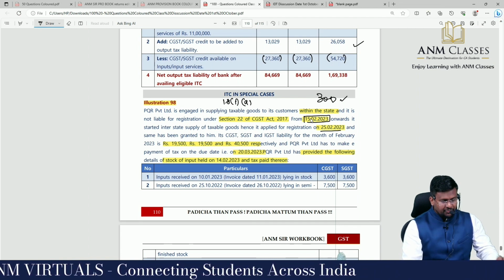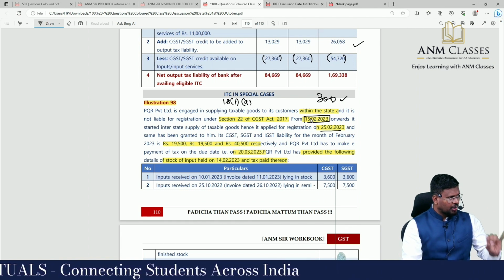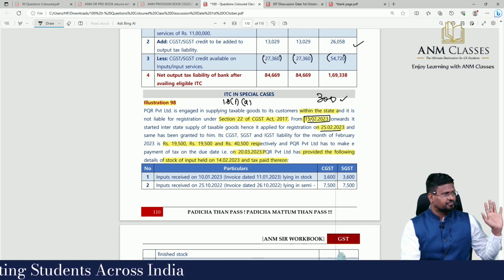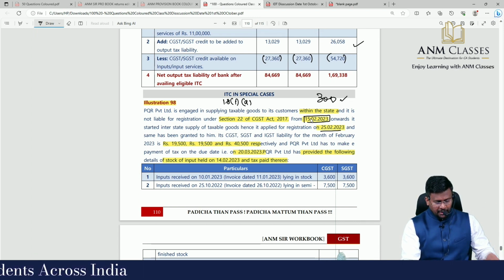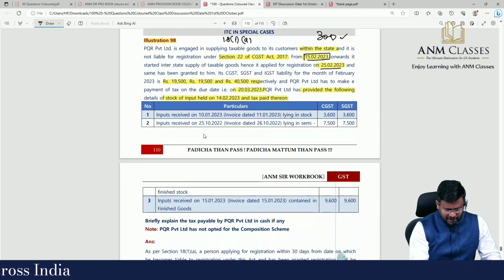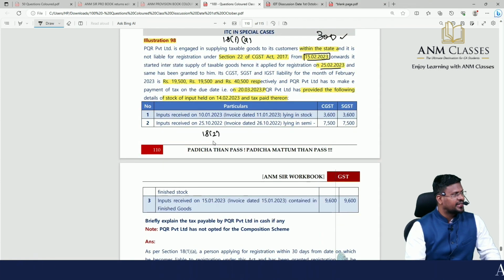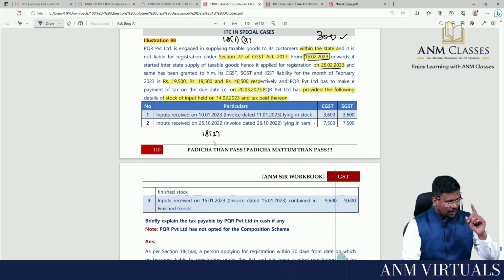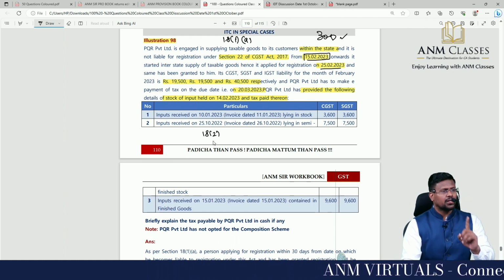On whatever input and input services are there as on 14/2/2023, what can we take? We can take ITC. But section 18 subsection 2 says that there is a time limit for taking ITC. You have to take ITC only within 1 year.